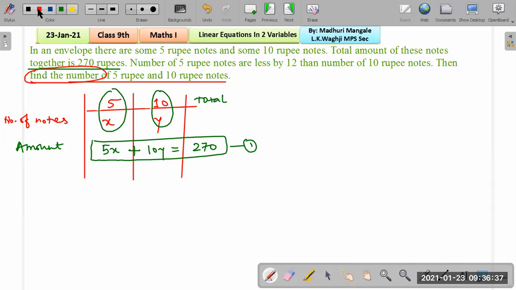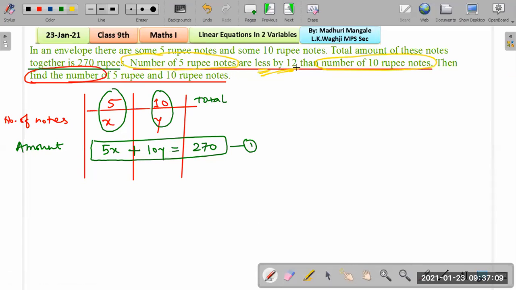Now let us look at the second condition. The second condition is: the number of 5 rupee notes is less by 12 than the number of 10 rupee notes. The number of 5 rupee notes is x, right? So x is less by 12 than the number of 10 rupee notes.